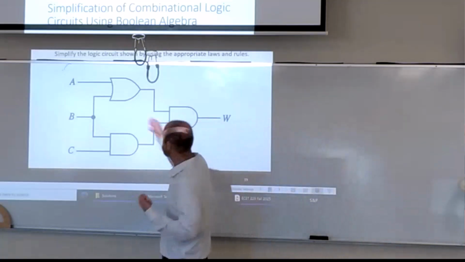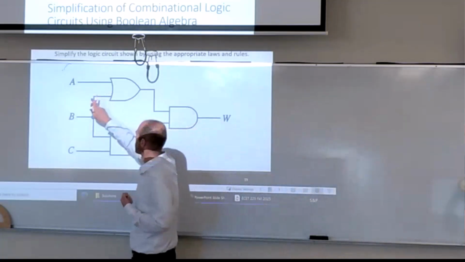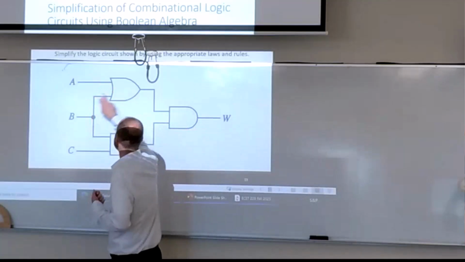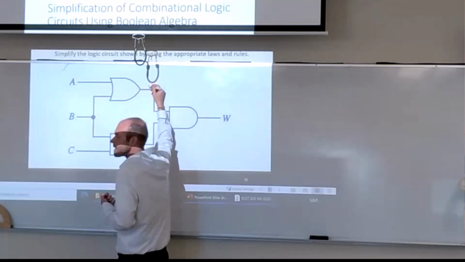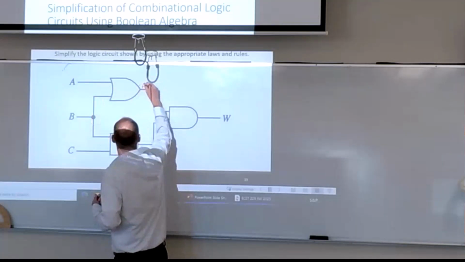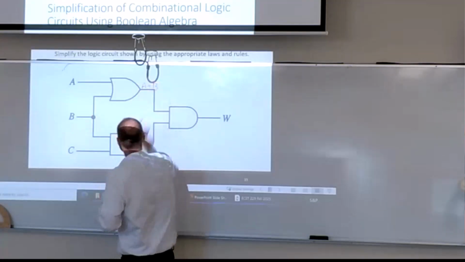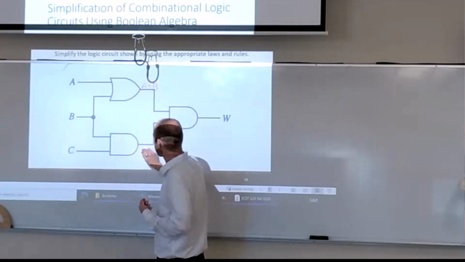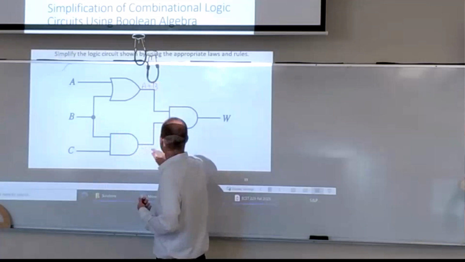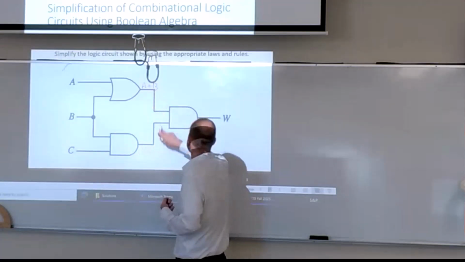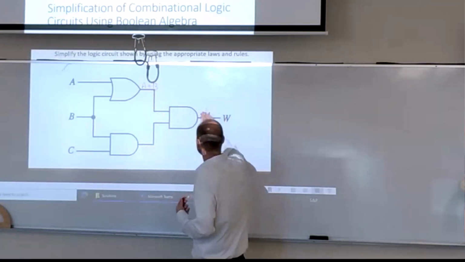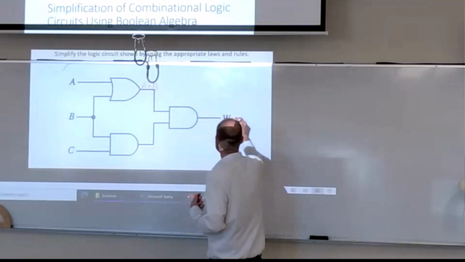So let's get an equation for this circuit. We have A and B as an input to this gate. What would the output be? Yep, A or B. How about this one? BC. All righty. So we have A or B and BC going in here. So what do we have at the output for W equals?